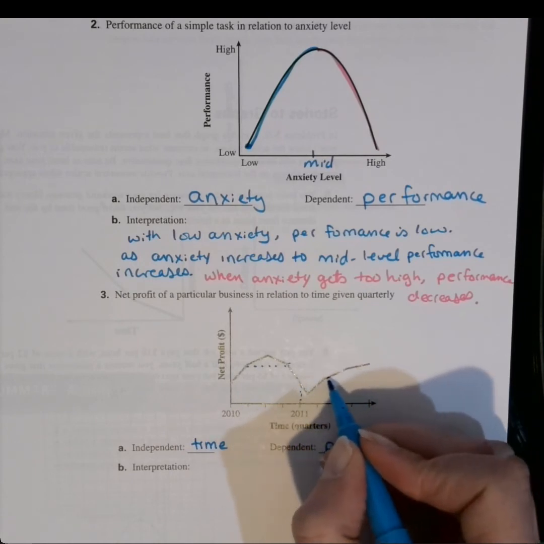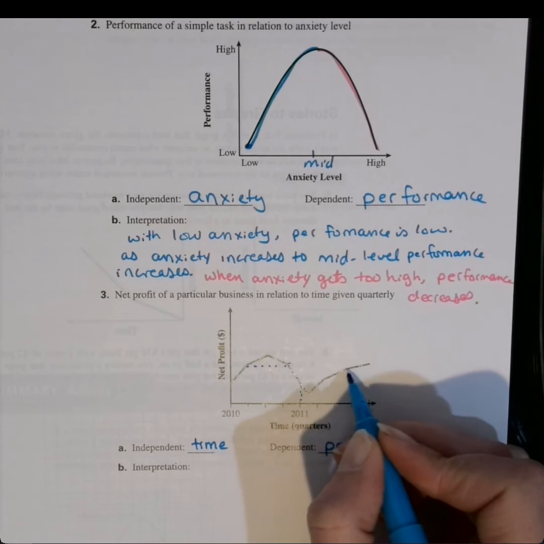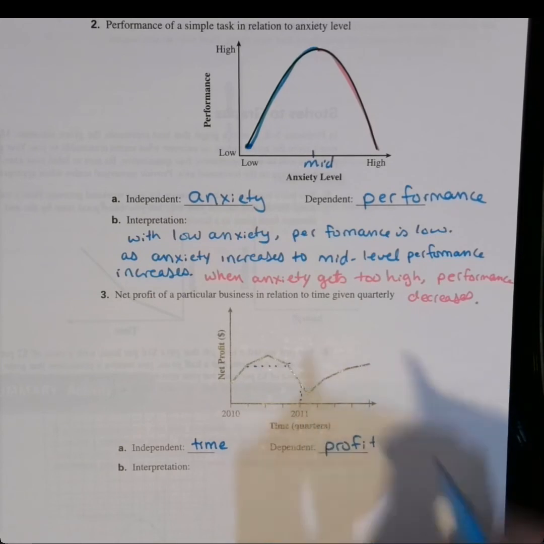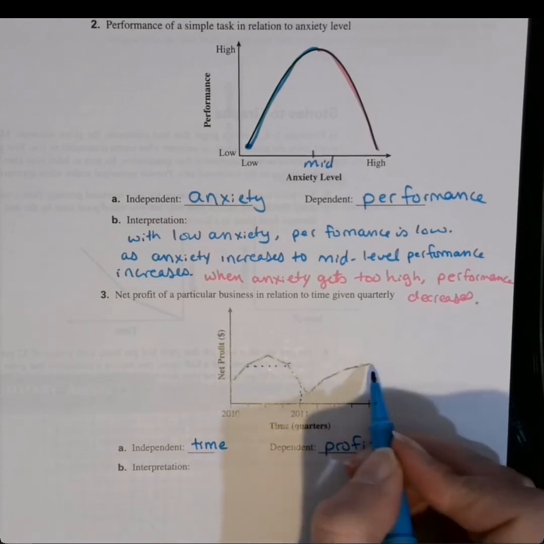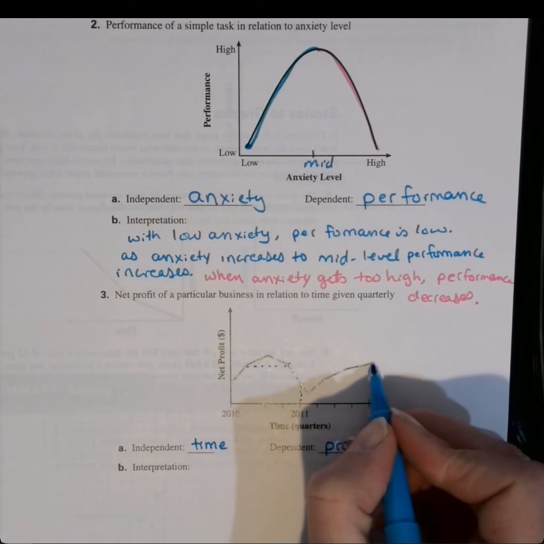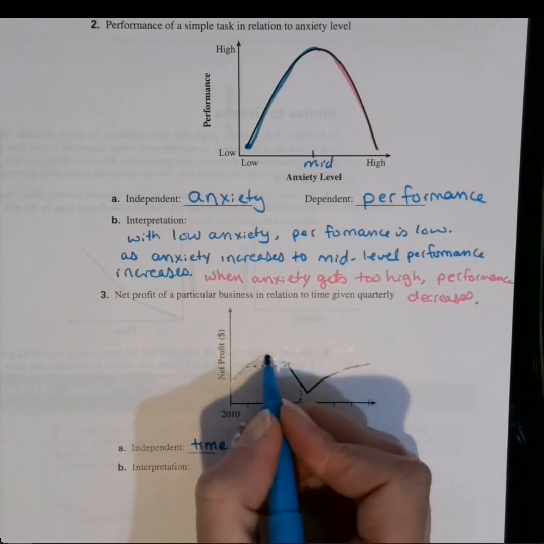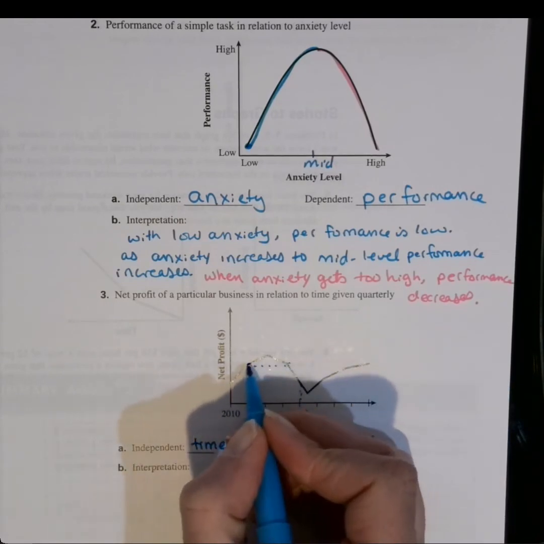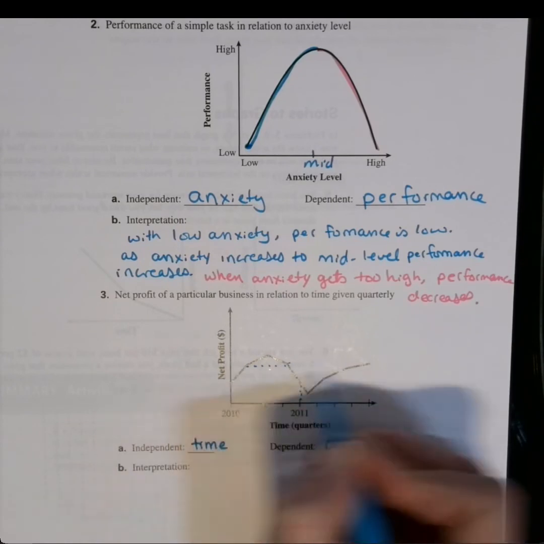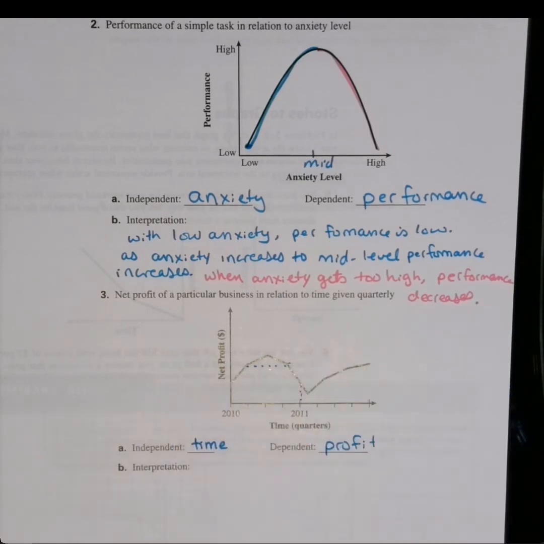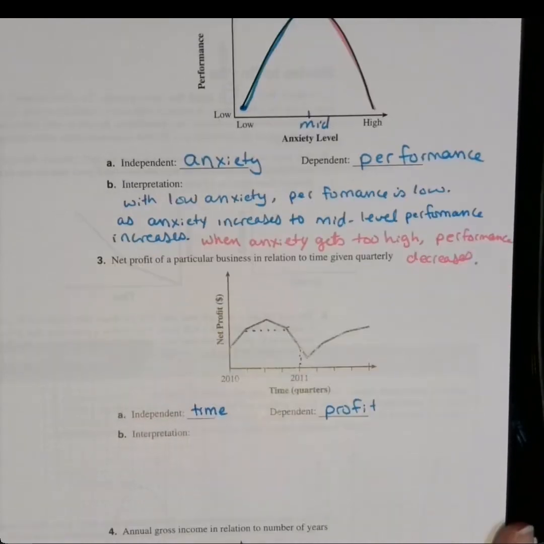Gains in profit slow down and continue to slow down, but they increase throughout the remainder of the year. I can also note that while I do not end up as high as I was in mid 2010, I do end up higher than 2010 started. So we've made continual gains at a slower rate. That's a lot about the picture. I'm going to try to capture some of those details when I write this down.